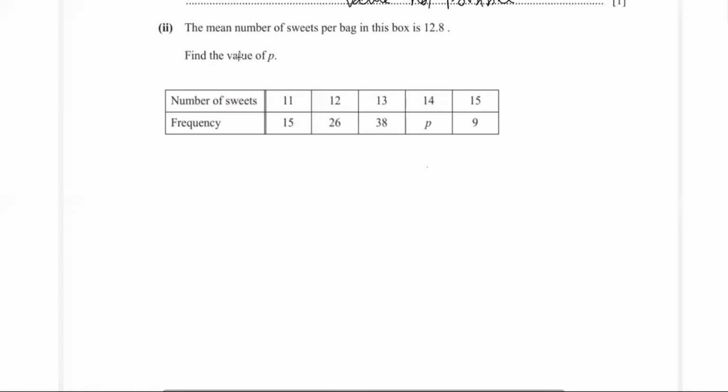Now you see here, part second. The mean number of sweets per bag in this box is 12.8. Find the value of P. Now the mean value is equal to the total sum of values divided by the total number of values.